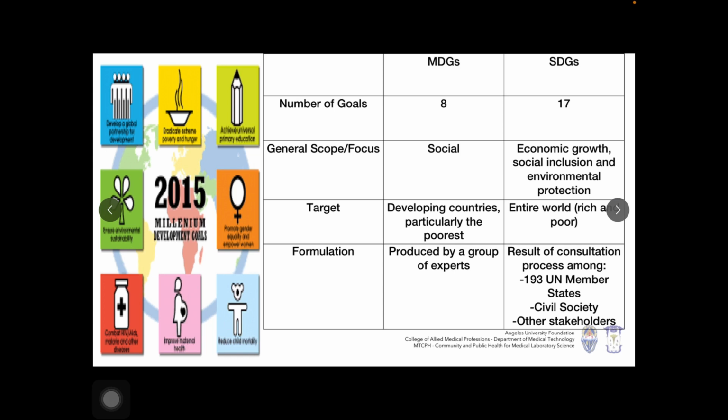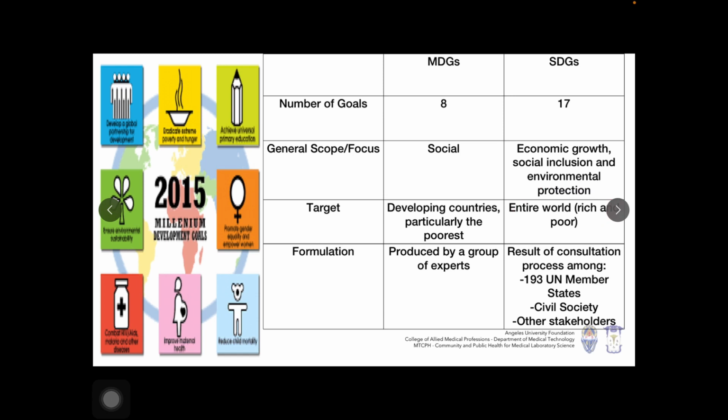For the general scope and focus, MDGs only focus on social, while for SDGs, it focuses on economic growth, social inclusion, and environmental protection. The target for the MDGs are the developing countries, particularly the poorest, while for the SDGs, they target the entire world.